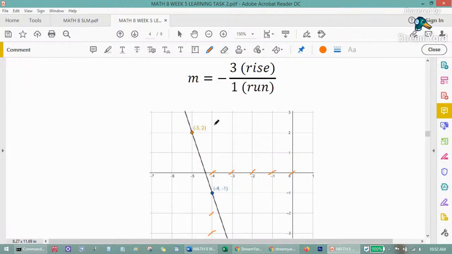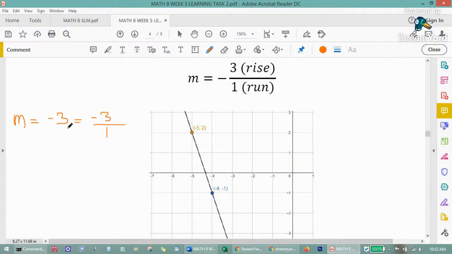So, mapapansin nyo, merong second point dito. Bakit may second point tayo dito? Kasi ang slope natin is equal to -3. Ginawa nating -3/1. Bumaba tayo ng 3, negative. Negative kasi, negative ang rise, kaya bumaba tayo ng 3. Positive ang run, kaya kumanan tayo ng isa.